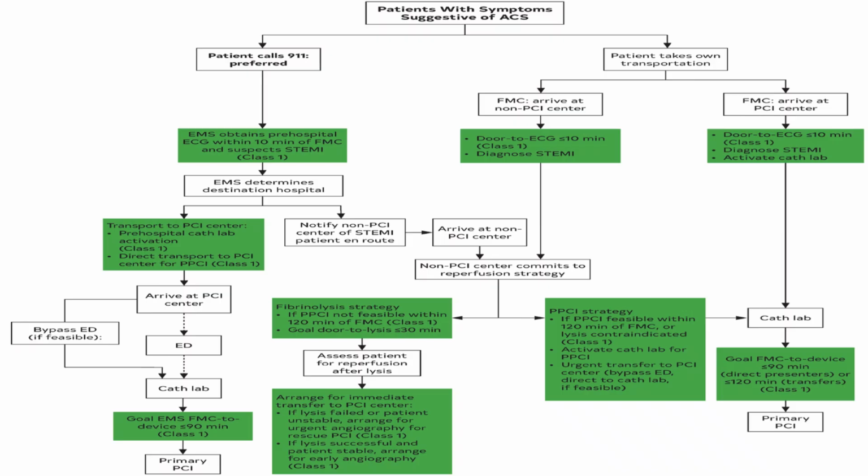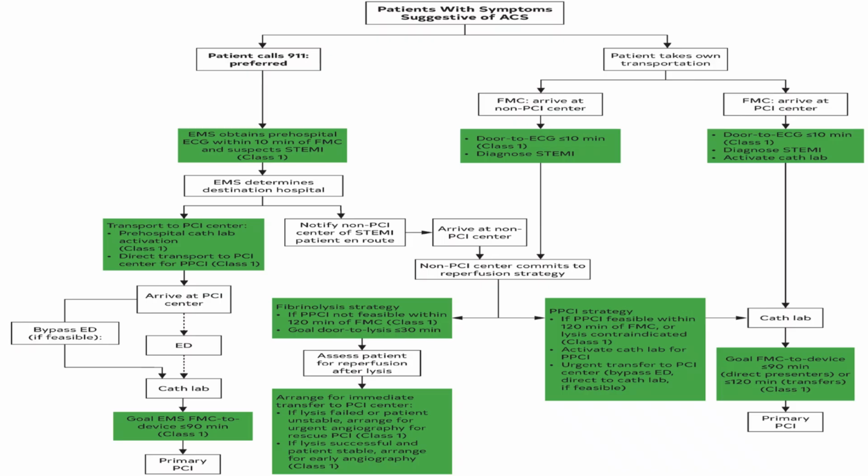Then if they get to a non-PCI center, we go back to this one here. FMC, so either you get to the non-PCI center through the emergency services or through own transportation. There can be two alternatives from there, okay? Then PCI center commits to reperfusion strategy.